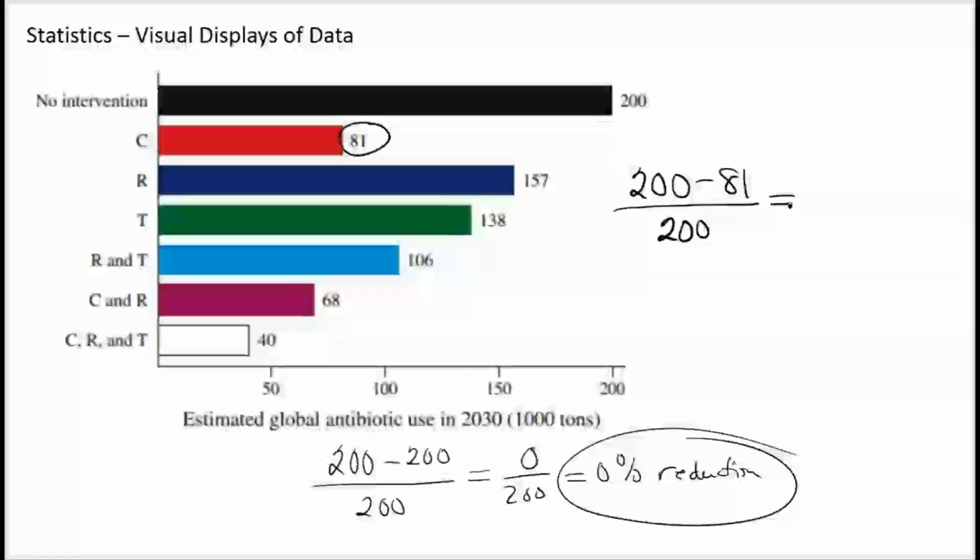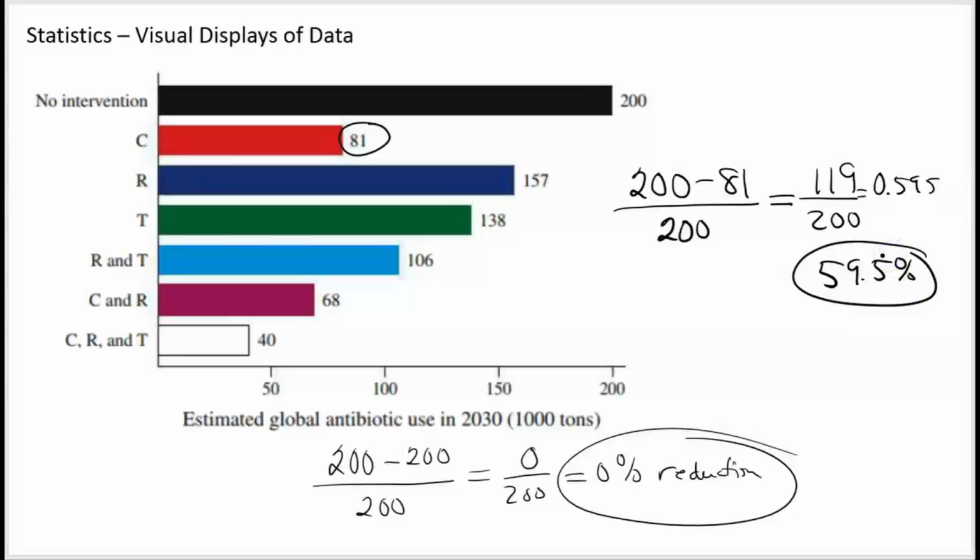So 200 minus 81 gives me 119, and then divide that by 200, and that gives me 0.595. Move the decimal two places to the right, that'd be 59.5%. Now, depending on where you're asked to round, you could round that up to 60%. It just depends on where you are asked to round.